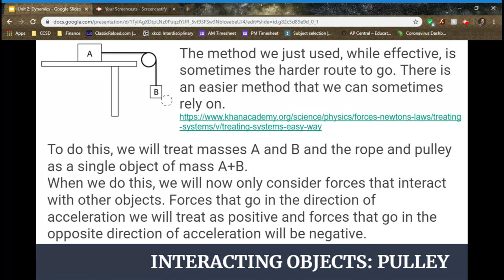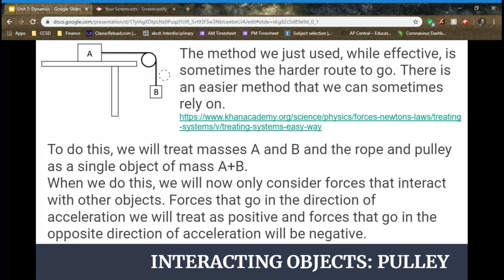Okay? We will only consider forces that interact with other objects. Since the tension in here is an internal thing, it's not interacting with other objects because this is now all one object, we don't need to worry about the tension. All right? We're only interested in forces that would interact with other objects. All right?